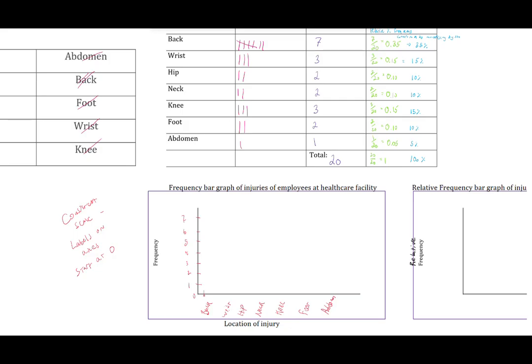So the back injury occurs 7 times. So we draw a bar that represents back injuries that goes up to 7. The wrist injury occurs 3 times. It's generally a good idea to start at the top so that you can see where it ends up. Hip injury occurs twice.